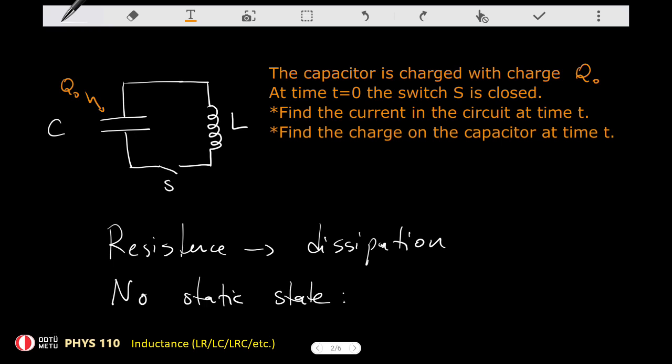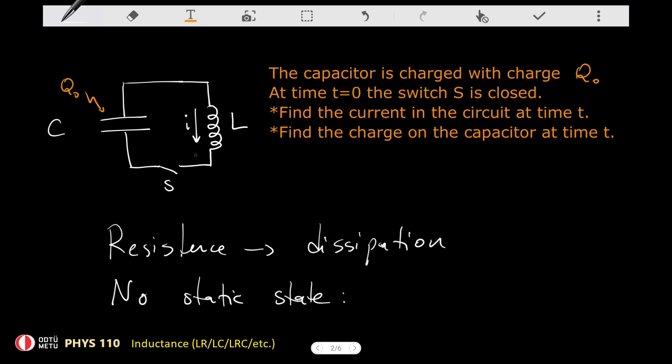Therefore, whenever the capacitor is charged, the amount of charge on the capacitor is not going to stay in that situation. It's going to change dynamically. Similarly, if there's energy on the inductor, which means there's a current flowing, we know that the inductor prevents sudden changes of the current, so that means this current is going to continue for a while.